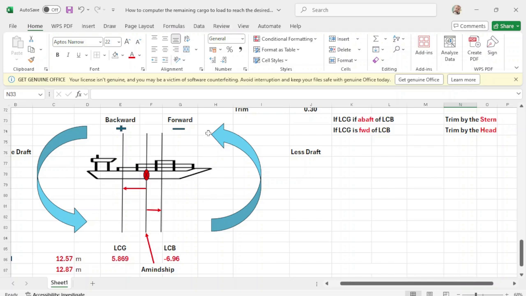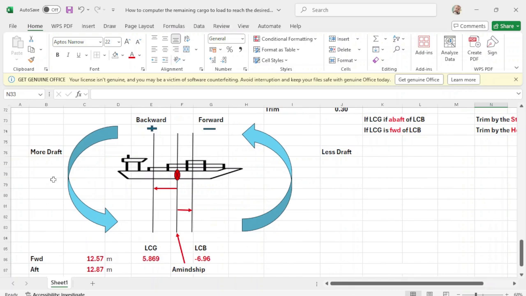When the forward part goes up, the aft part goes down. So if the aft part is going down, it will have more drop because the aft part will sink, while on the forward part, when it rises up, it will have less drop.